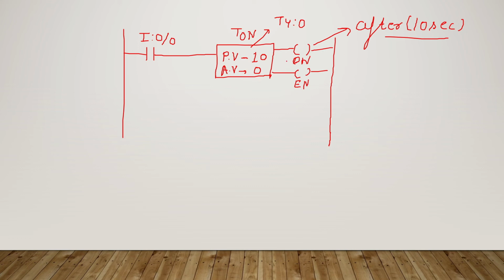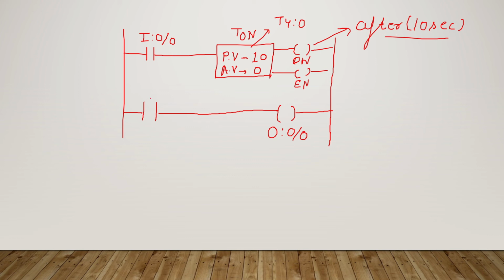So this bit will be on after 10 seconds. Now you have to take an output from this bit. We can give a normally open button which is connected to the output. This is your output, O:0/0. You want to turn on this output after 10 seconds and your done bit is on after 10 seconds.